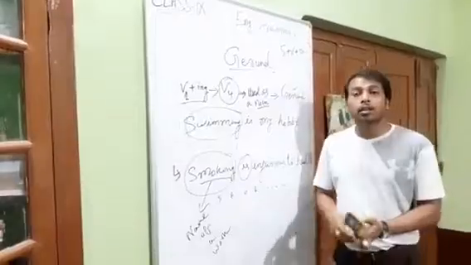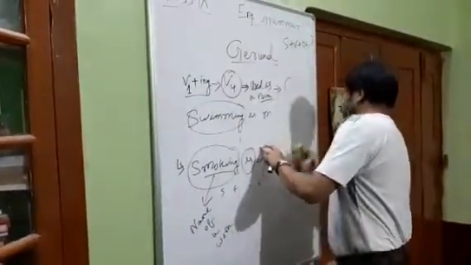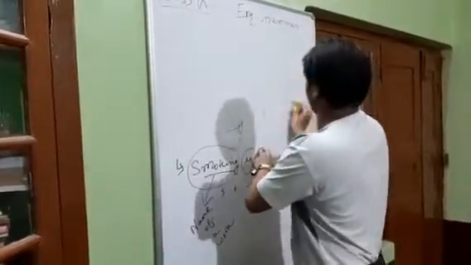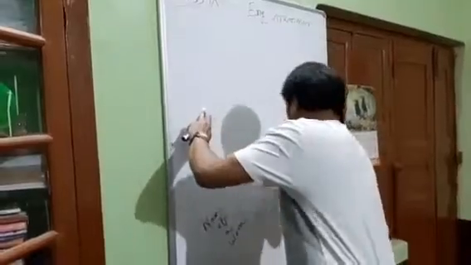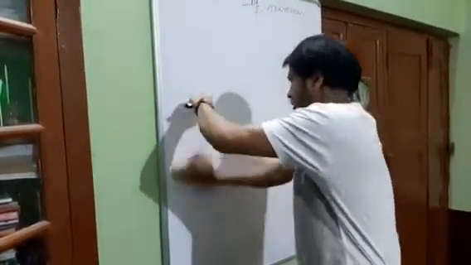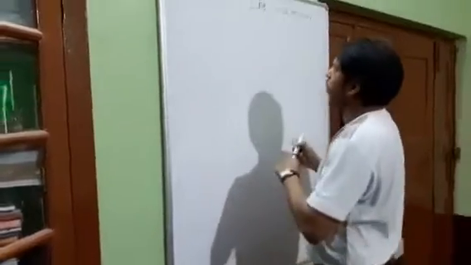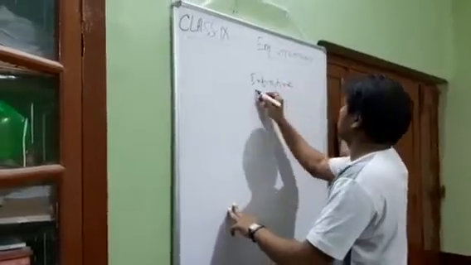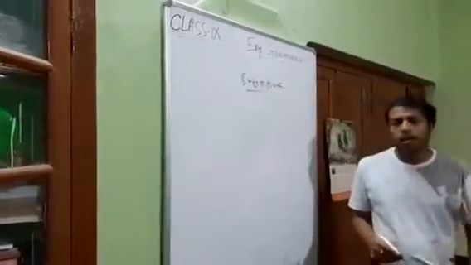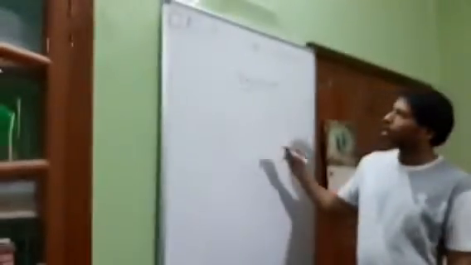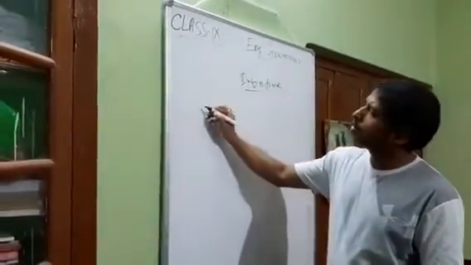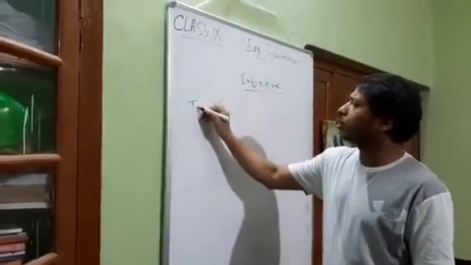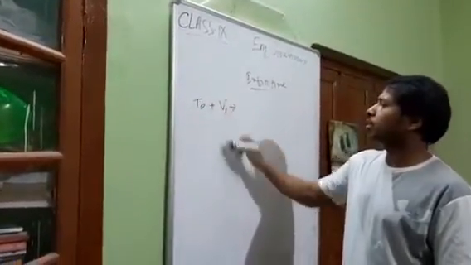Now we'll focus on infinitive. Normally we get infinitive when we add the preposition to before V1.